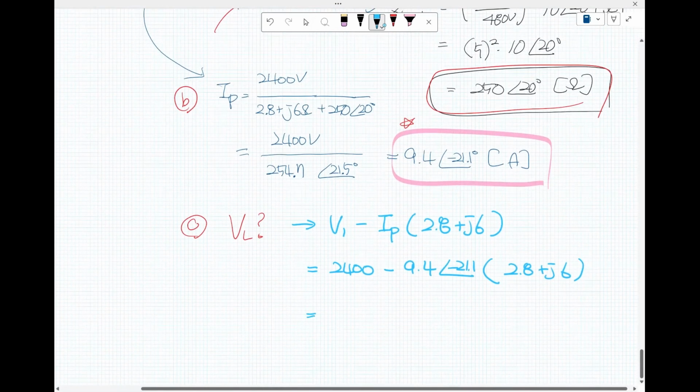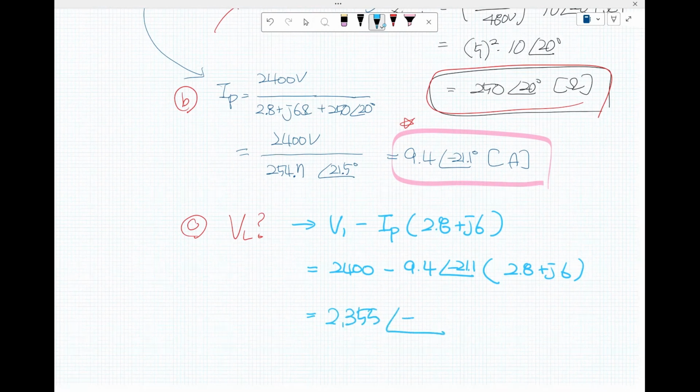I'm going to skip the calculations, but finally it's 2,355 at minus 1.05 degrees. That is the answer. That's it.